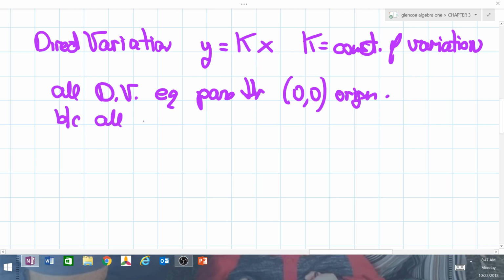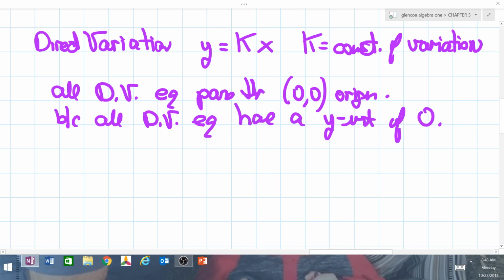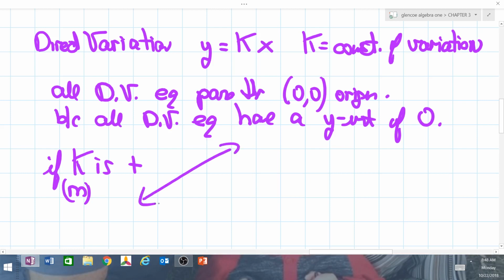Because all direct variation equations have a y-intercept of 0. So if k is positive, which is like m, k and m are exactly the same thing. K, the constant of variation, and m, the slope of the line, are the same thing. If k is positive, the line will look like this. If k is negative, the line will look like this.